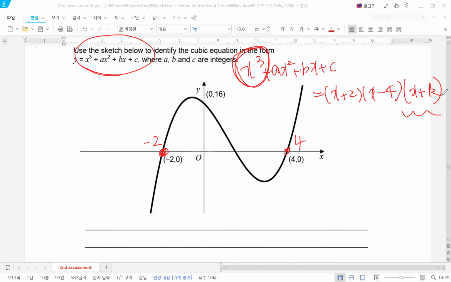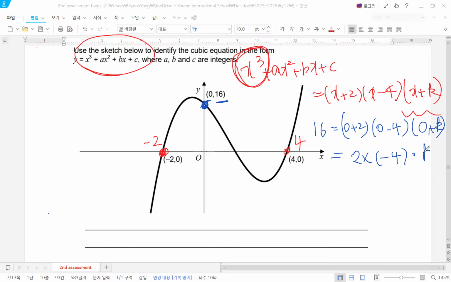And then by using this point, when x equals 0, the value of y is 16. Understand? So 16 equals 0 plus 2 times 0 minus 4 times 0 plus k. So it means that 2 times minus 4 times k is 16. So you can find the value of k as minus 2.